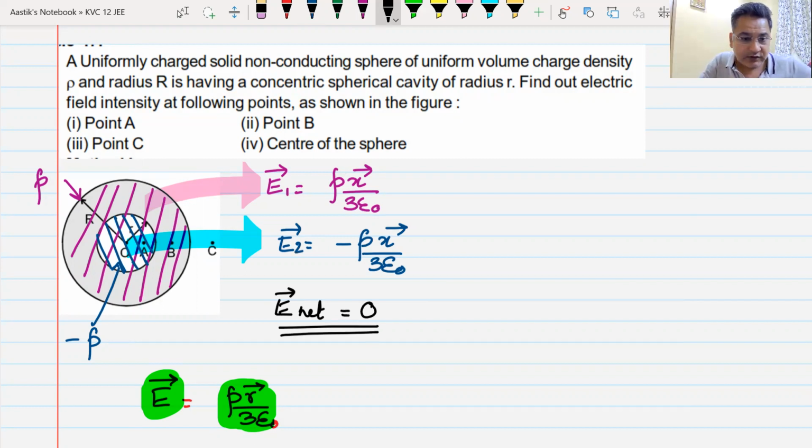Let me go back to the question so that I can get that diagram again. Okay, here it is.